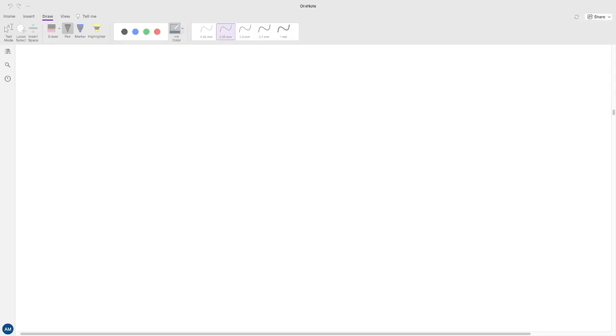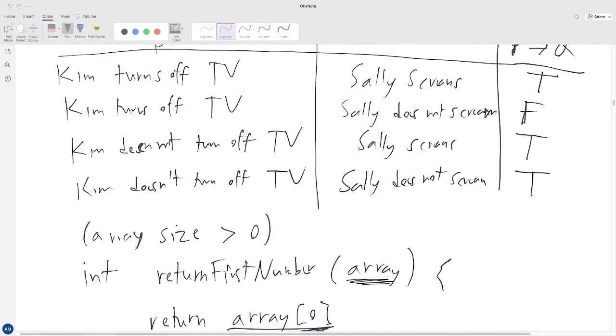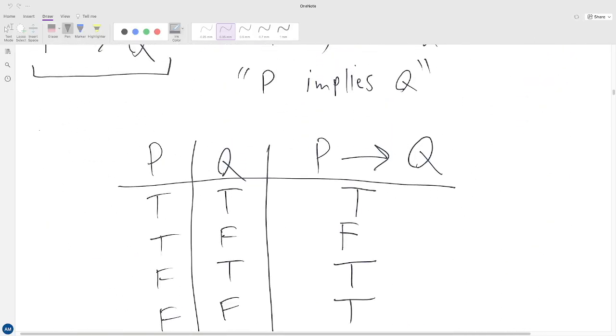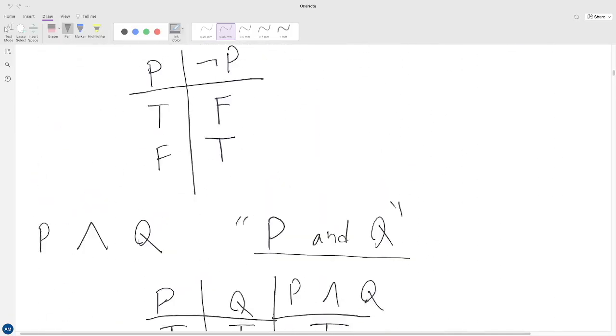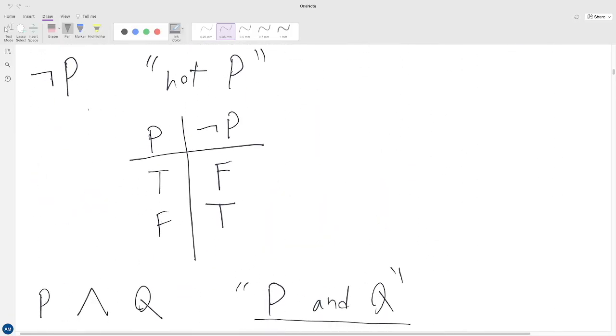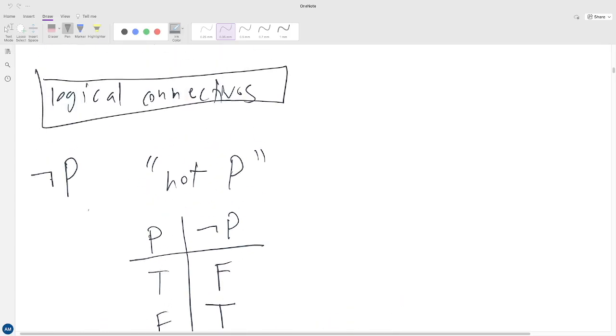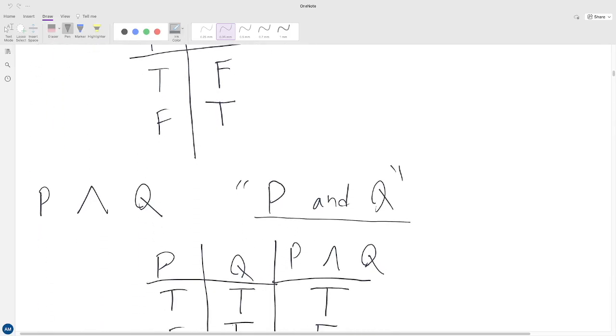So last time we talked a little bit about the basics of propositional logic. We covered what a proposition was, and a little bit about the logical connectives used to take atomic statements, the simple P and Q statements, and turn them into more compound statements.